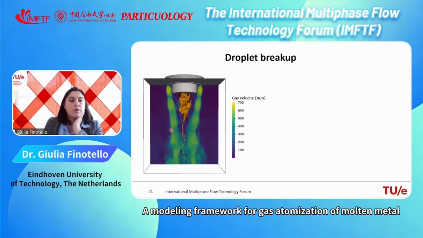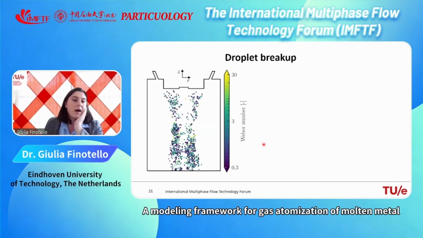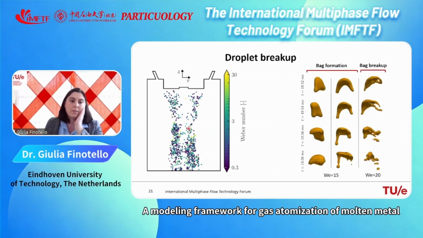And if you look a little bit closer here, you can see some bags. What we did was look at the Weber number of our simulation, which goes from very low to approximately 30. We saw that at some points we could observe bag formation, the initial bag breakup, at Weber numbers of 15 and 20.